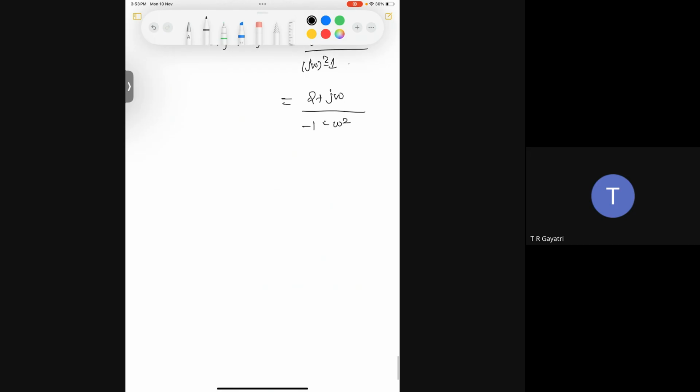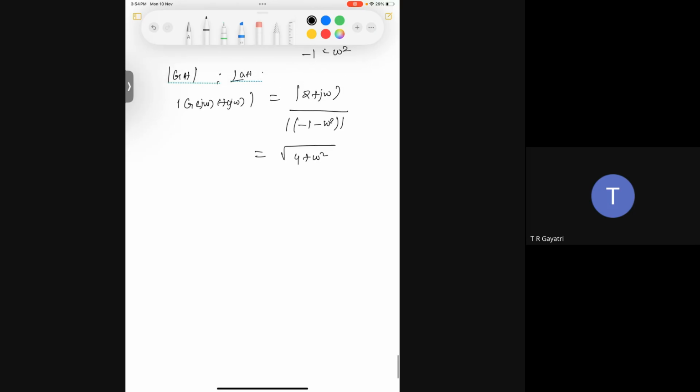So we want to check both the g of gh magnitude and the direction here, right? When finding the magnitude g of j omega into h of j omega, this will become 2 plus j omega divided by minus 1 minus omega square, absolute value. If I find this, it will be root of 4 plus omega square divided by 1 plus omega square.